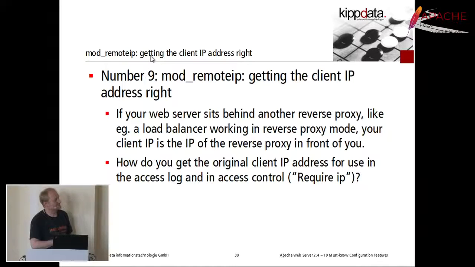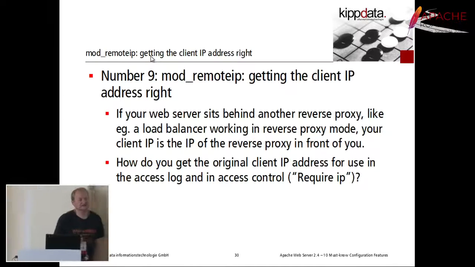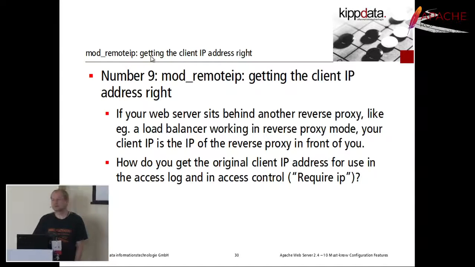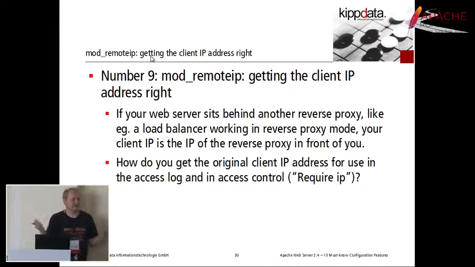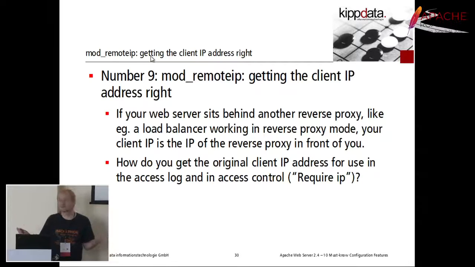Then something Jim also mentioned, it's mod_remoteip, getting the client IP address right. This is something that happens very frequently, and this is not about your web server being a proxy. This is about another proxy being in front of your web server. Often nowadays, load balancers are running in a reverse proxy mode to save connections.